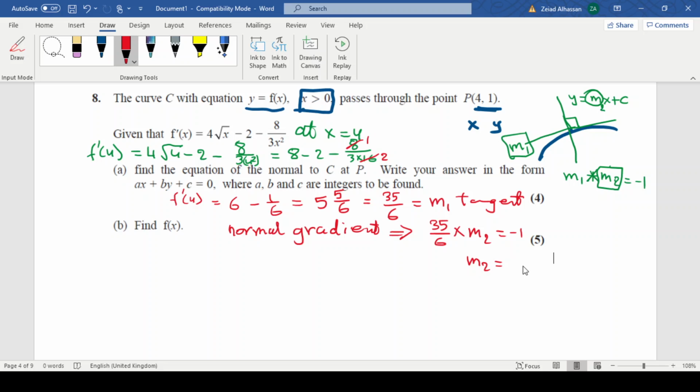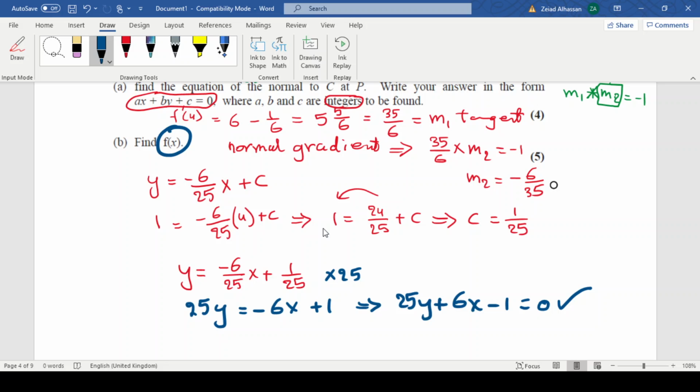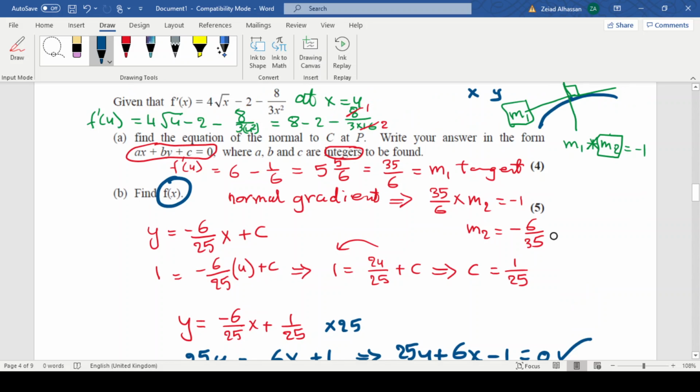We'll do integration for this. Now integrating 4 square root of x minus 2 minus 8 over 3 x squared, that's 4x to the power 1.5 divided by 1.5, minus 2x, minus 8 over 3 times x to the power -1 over -1.